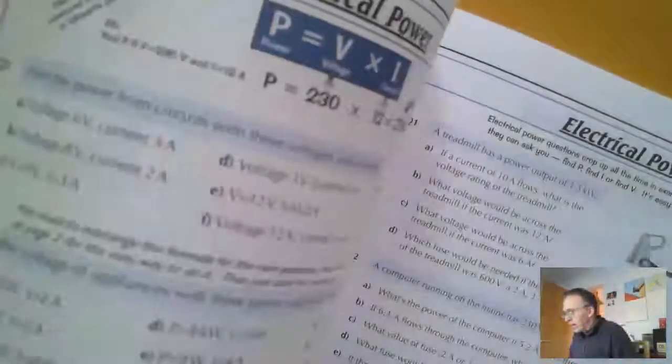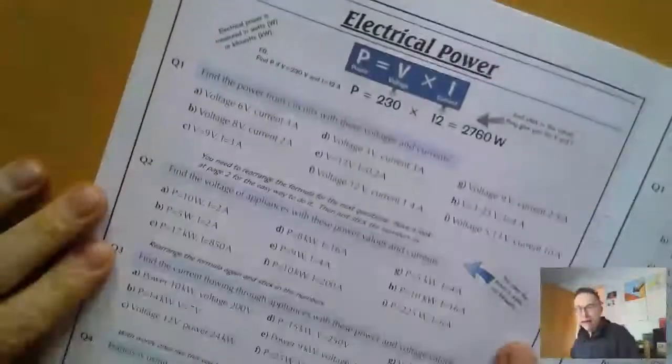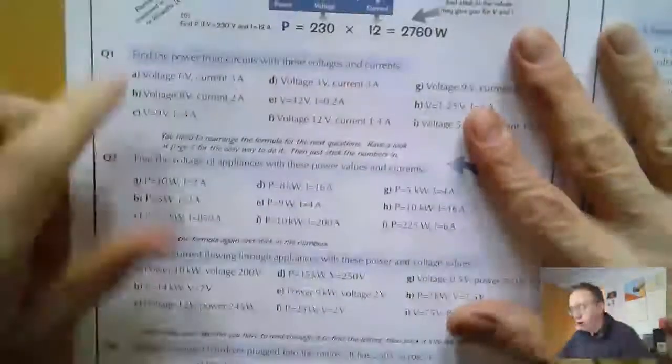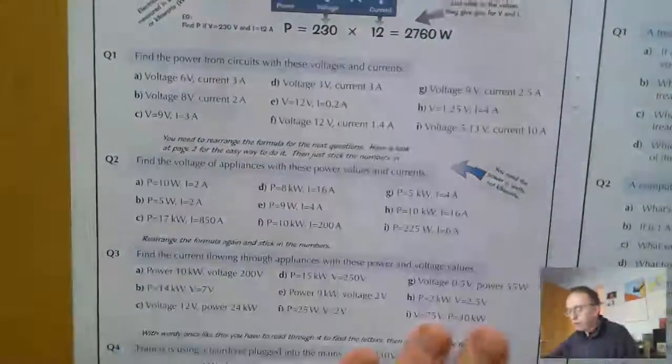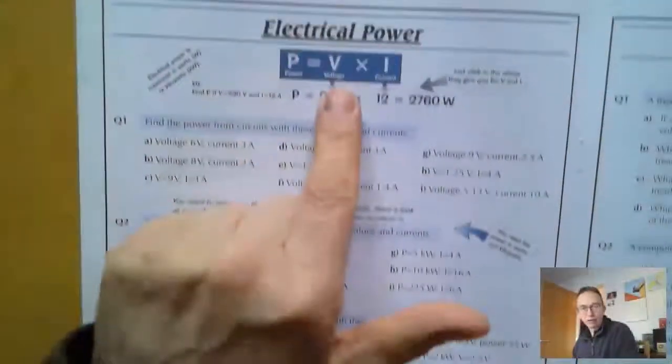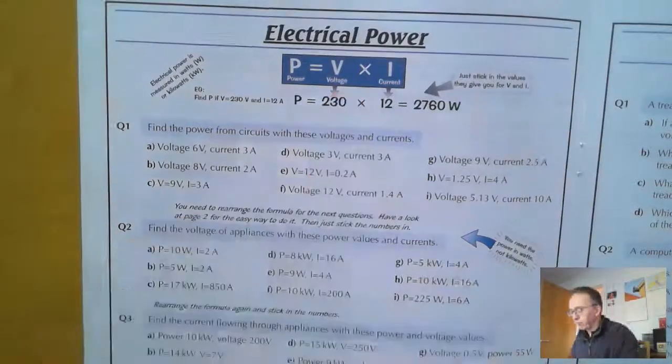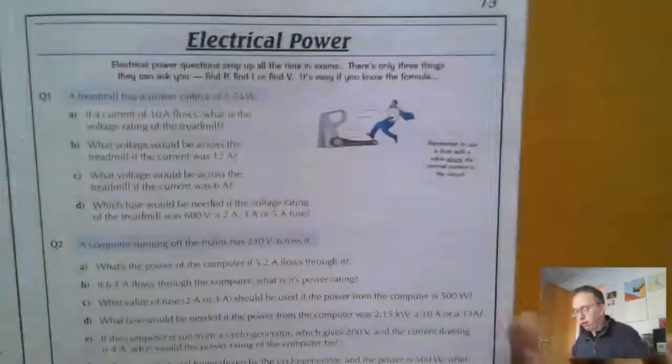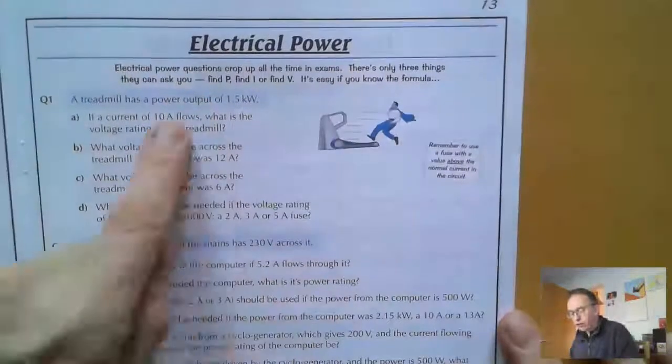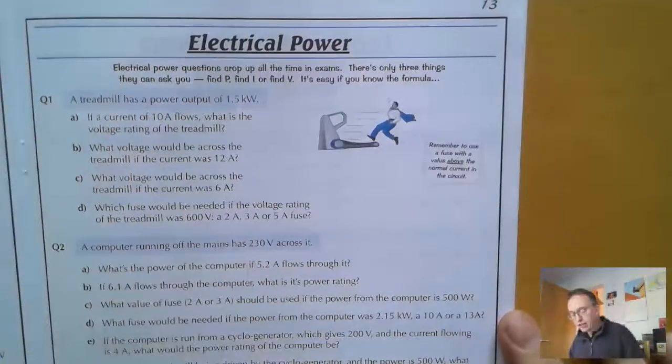Look at all these formulas that they give you at the front. Beautiful. Now, what I've found here is a page of formula practice for the electrical power formula, V times I. And a follow-up page with exam-style problems to solve.